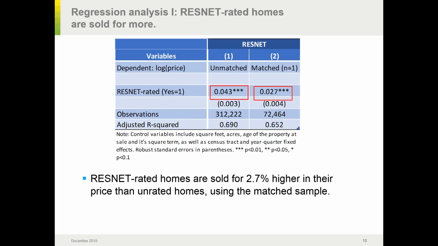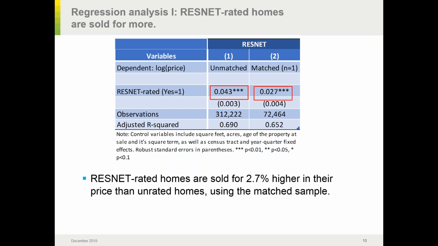We do that with a statistical analysis in a regression framework, where we look at the price, in log form, of the home at the time that it's sold. We're going to have to talk a little bit about why we're showing the RESNET results as opposed to Department of Energy results here in just a moment.